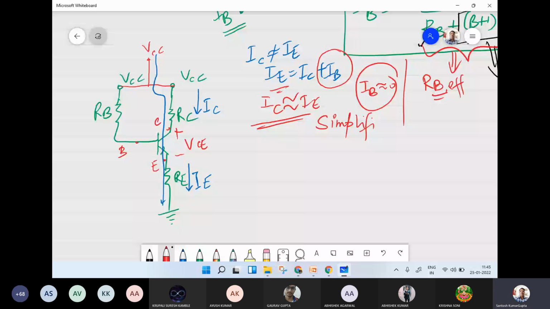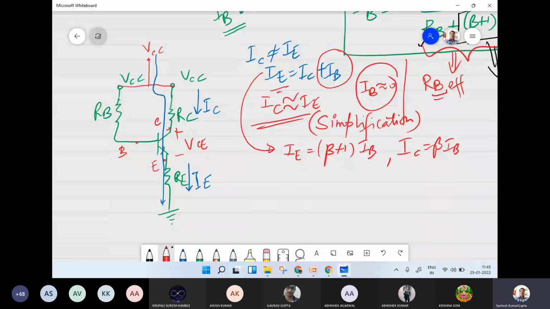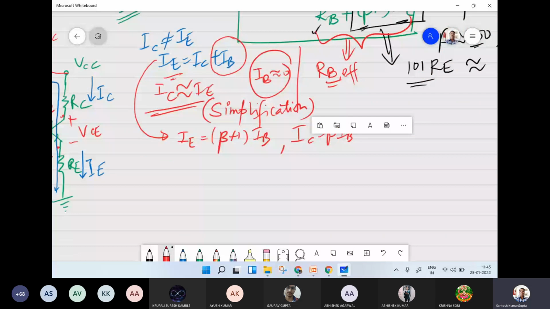If we want to do an exact calculation, then IE will be written as beta plus 1 times IB, and IC is equal to beta times IB. These are the values of the currents which can directly be found using the transistor relation when the transistor is acting in the active region. So this is valid in the active region of operation.